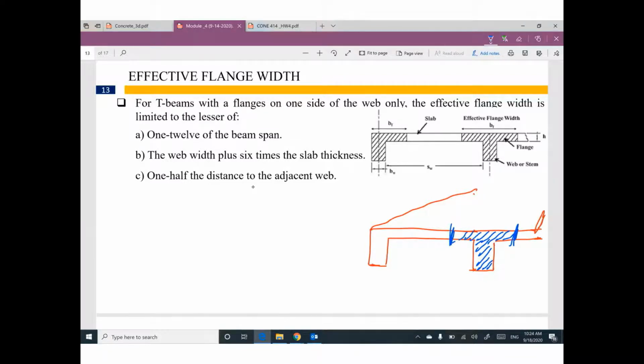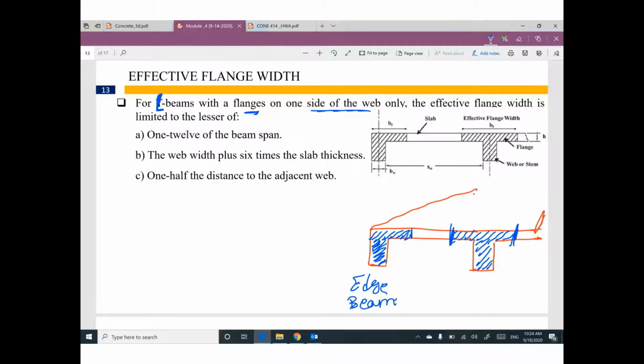But sometimes we have an edge beam. So the part of the slab that is working with this beam, this part, forms an L section. This one is L, not T. L section or L beam. We have a flange on one side of the web only.